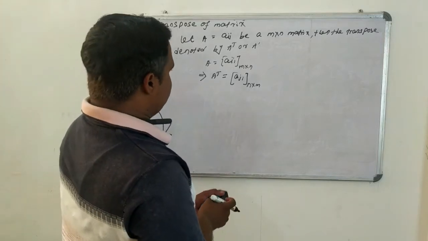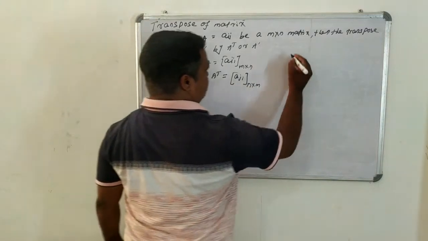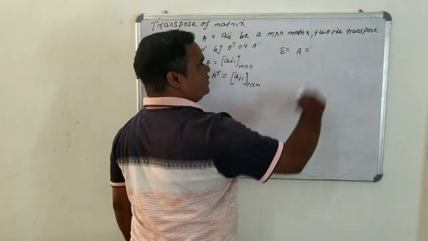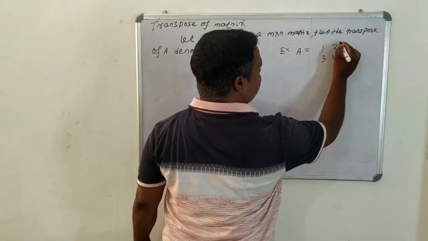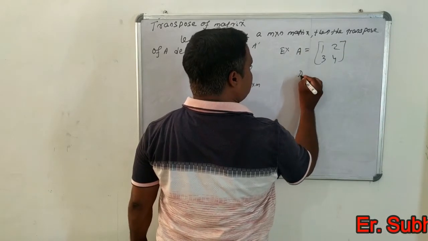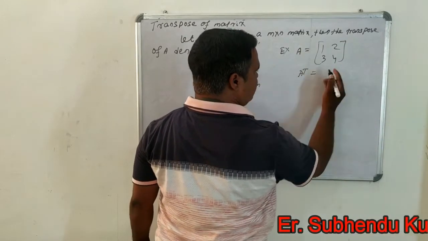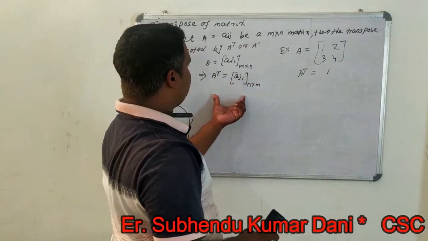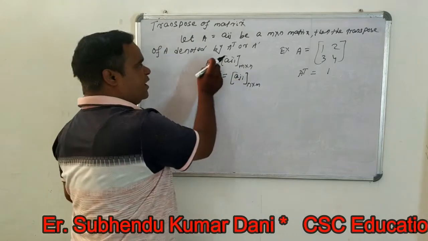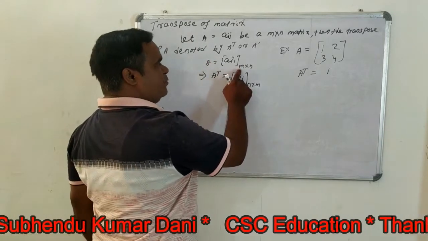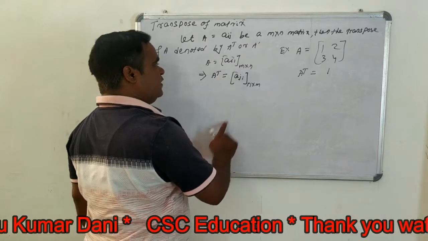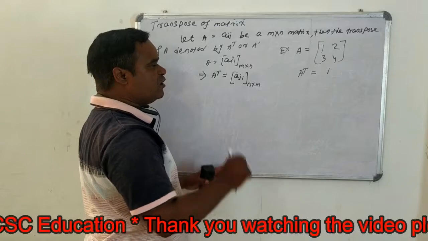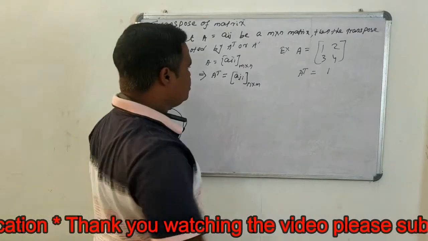Okay, so one example is there. Suppose A is the matrix 1, 2, 3, 4. Then what is the transpose? Suppose A is a matrix with M rows and N columns, then the transpose converts rows into columns, or columns into rows.